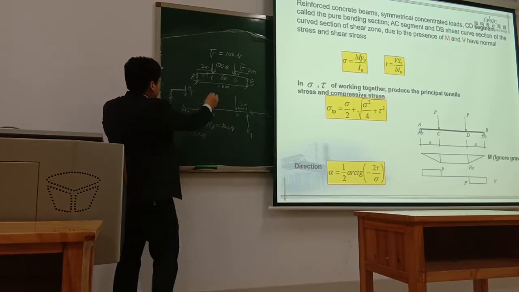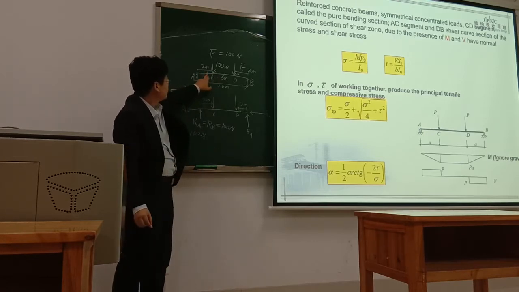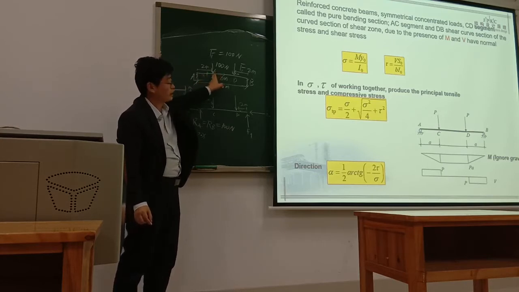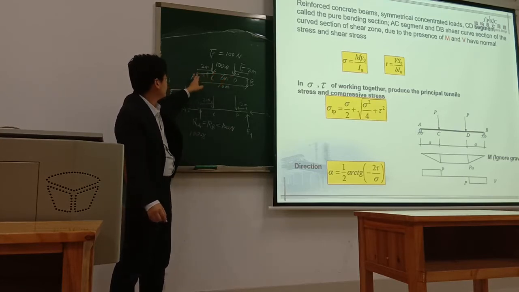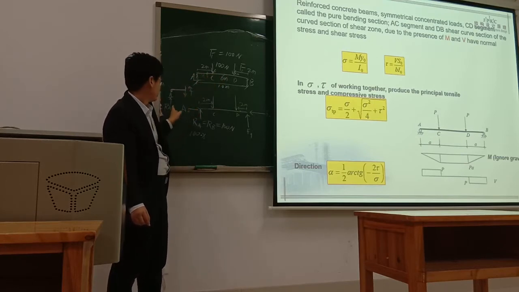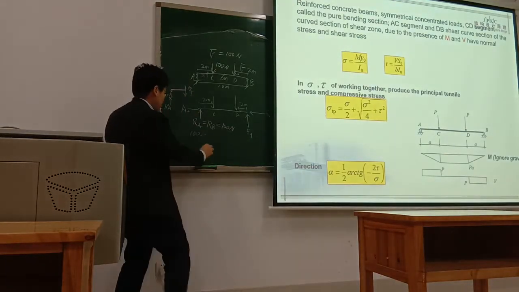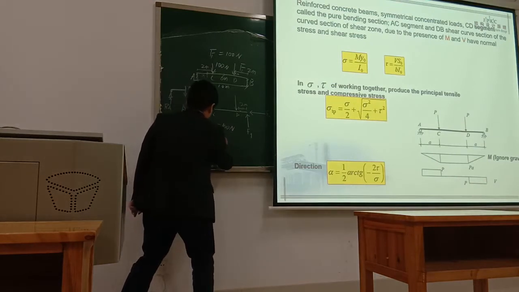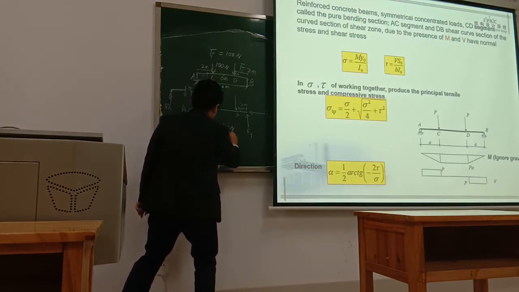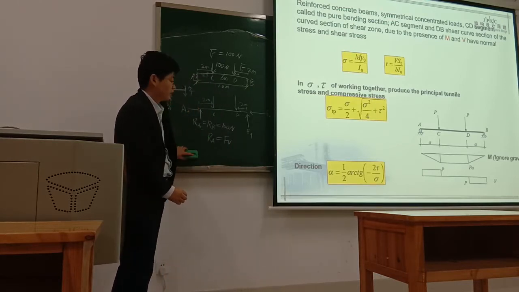In the AC section, no matter which point, as long as it is not out in the CD section, this shear force is always equal to 100, because it must balance the reaction force.